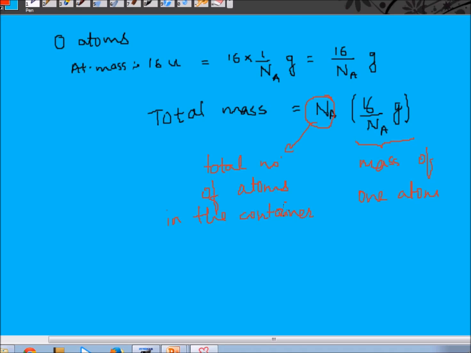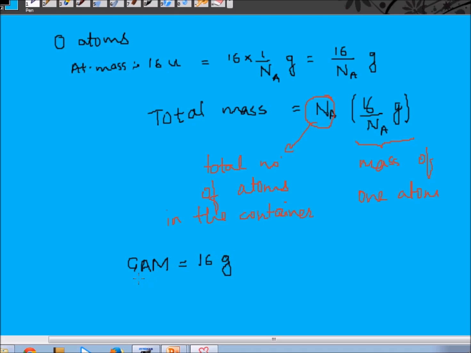So hence now I can directly say that gram atomic mass, let's write it as GAM, let's abbreviate it in this acronym form, will be equal to total mass, that is Na into 16 by Na grams. So that is equal to 16 grams.